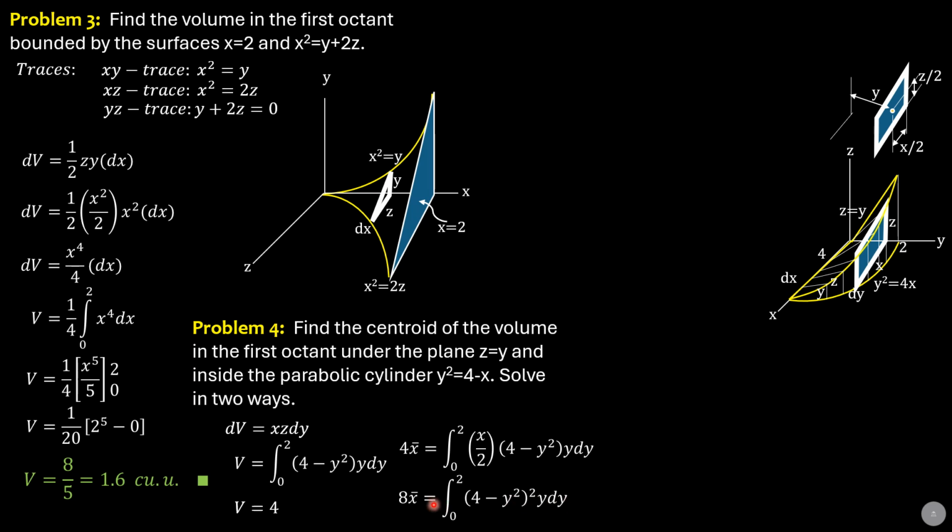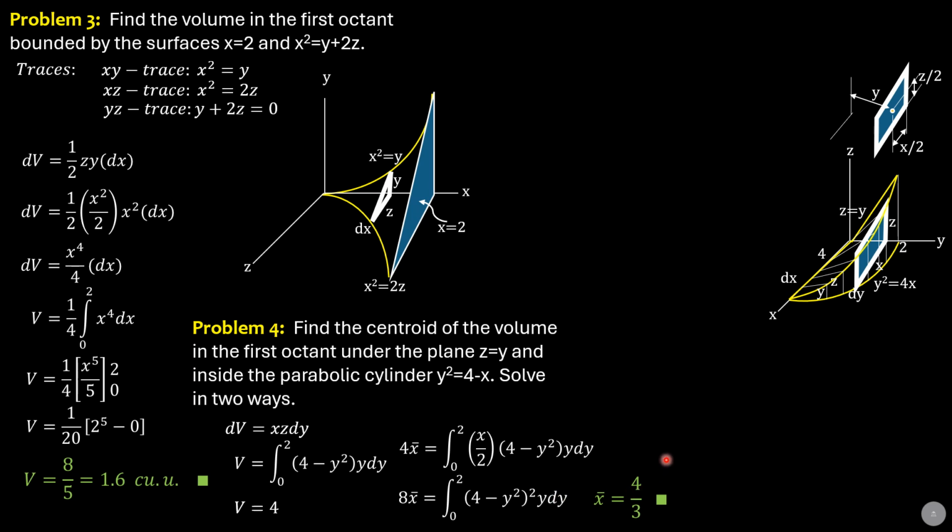So we multiply negative 1/2 here, and imagine that negative 1/2, then make y dy negative 2y dy, then it is now in the form negative 1/2 integral of u squared du. So which is negative 1/2 quantity 4 minus y squared cubed over 3. Then you can evaluate barred x equals 4/3. So just use your calculator, it is equal to 4/3.